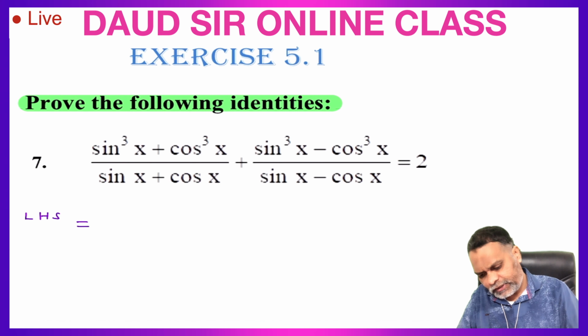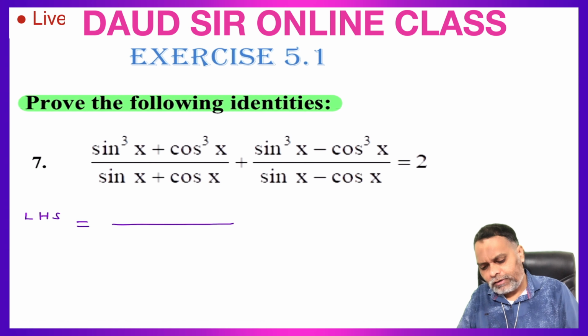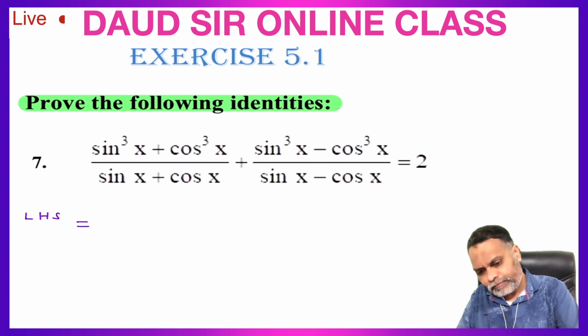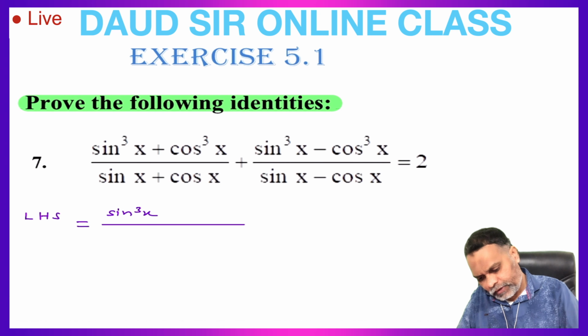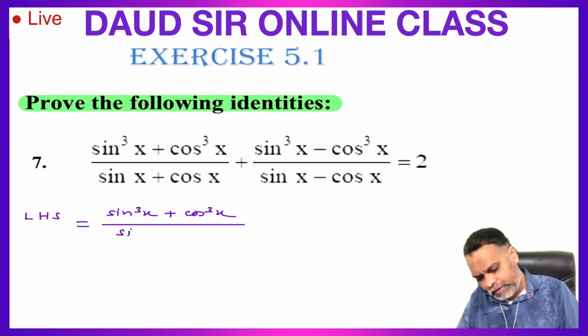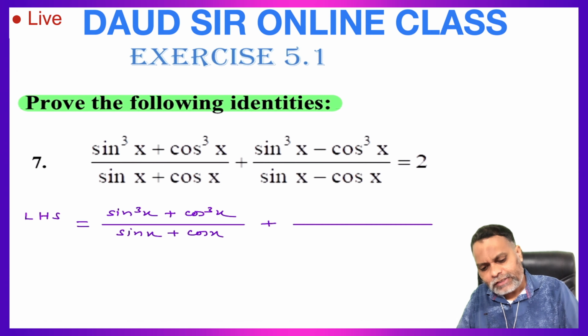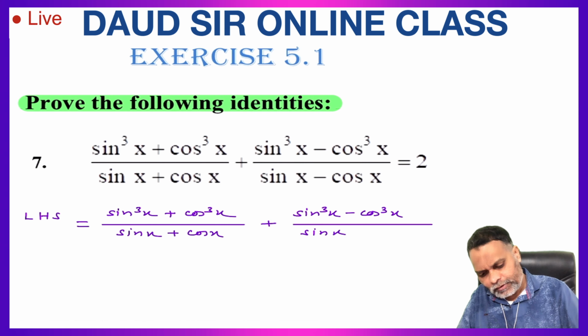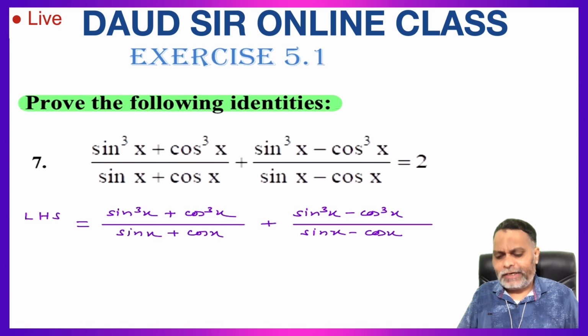LHS is equal to (sin cube x plus cos cube x) upon (sin x plus cos x) plus (sin cube x minus cos cube x) upon (sin x minus cos x). This is our left hand side.